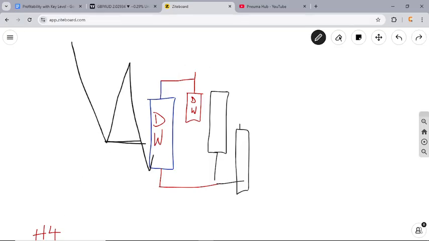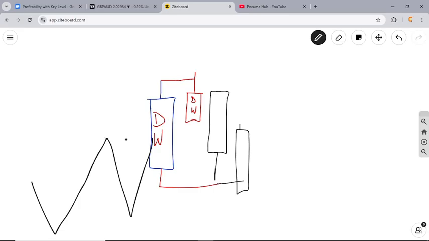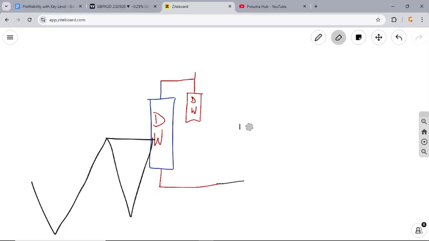But if the market is bullish, let's say we have a bullish market and I have this kind of formation, can I trade it? Yes, it is possible and it is tradable.